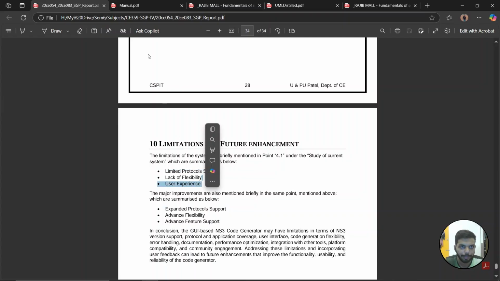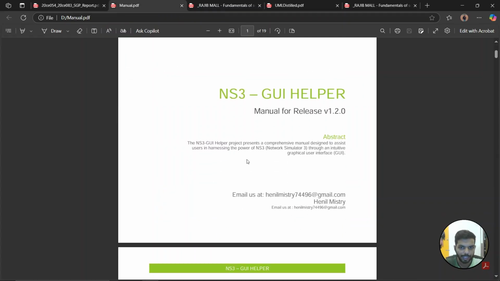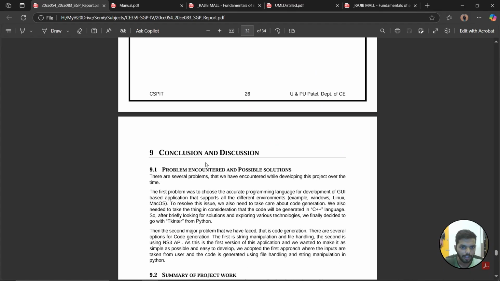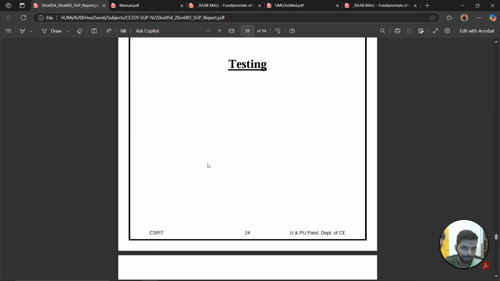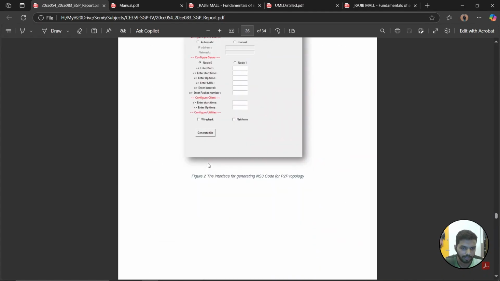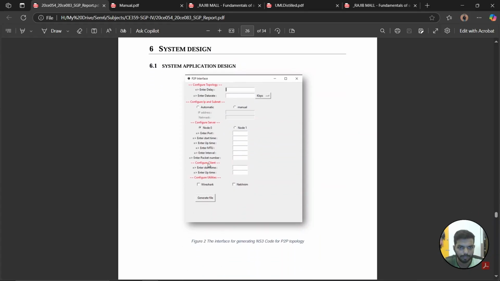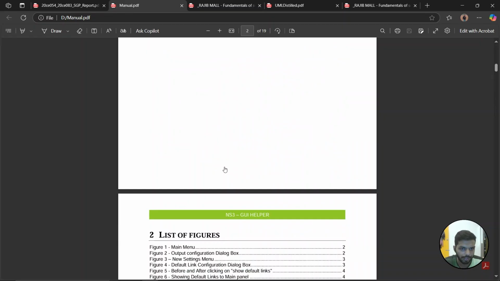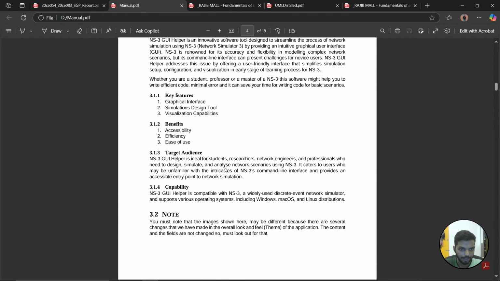And then we built something called NS3 GUI Helper, a re-enhancement of the thing that we built in Python. For us, the limitation was also that we were not aware of Python as a whole. So we changed to Java, because Java has something called Swing GUI, which you can use to design GUI applications.